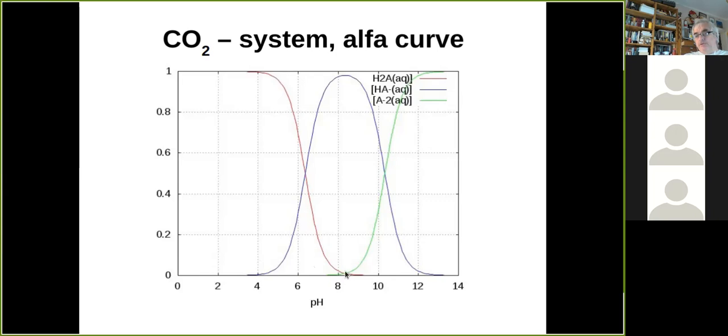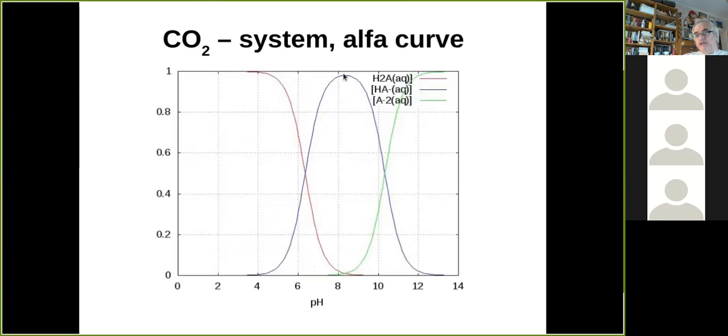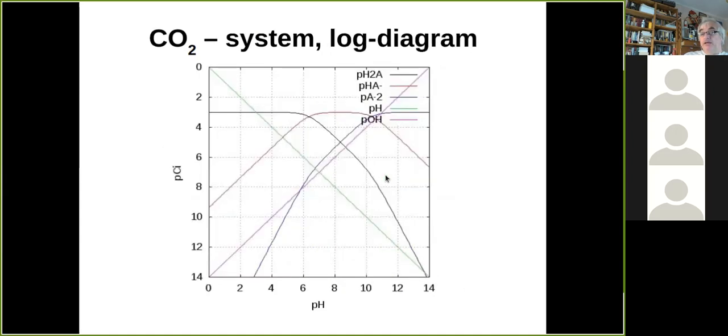So if you want to calculate the pH of the ocean water, this is quite complicated. It's considerably easier if you have one of these fraction diagrams or the logarithmic version of a diagram. The only advantage with the logarithmic versions is that you can see that, for example, the carbonic acid starts to decompose here, passing the first pKa, and then starts to decompose even faster after the second pKa.